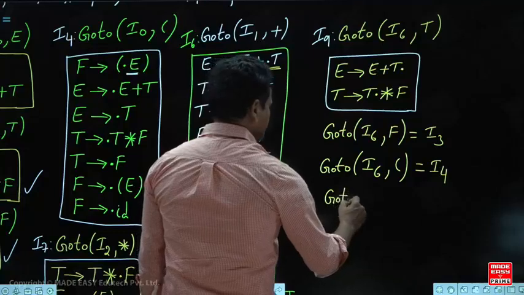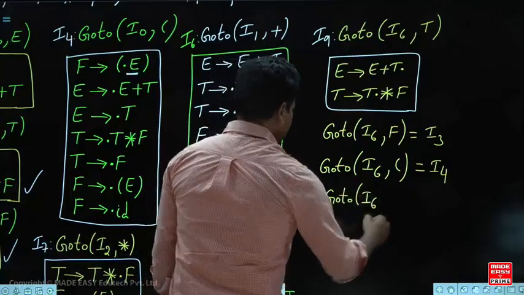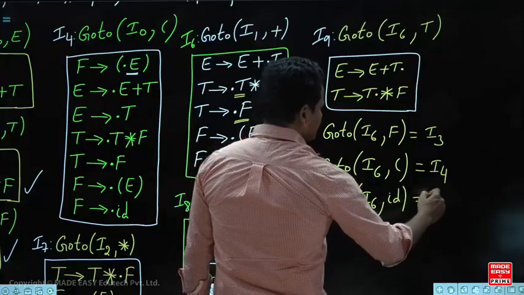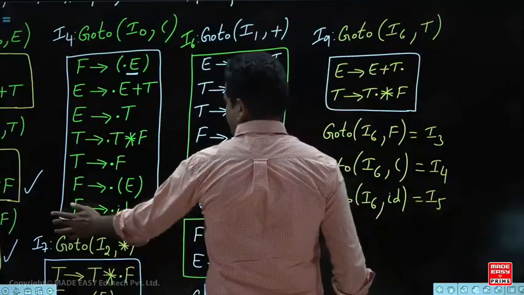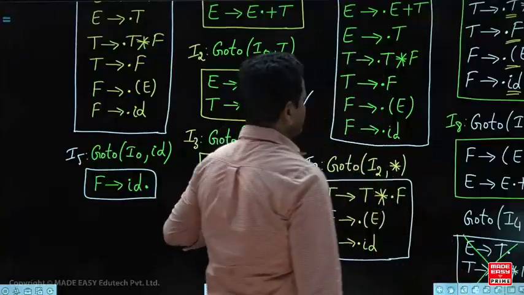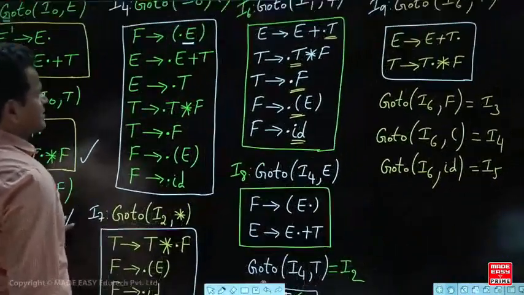Then go to of I6 comma ID, F derives ID dot, which is I5. So I6 is also completed.